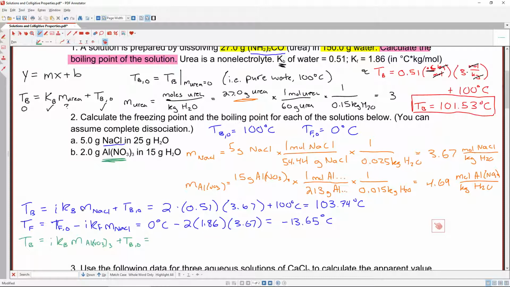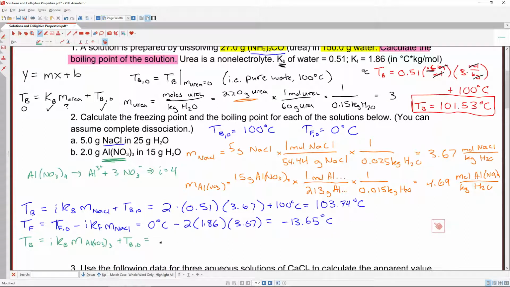So your Van't Hoff factor for this salt, notice it has 4 ions: 1 Al3+ plus 3 NO3 minuses, right? So this implies that i is equal to 4, your Van't Hoff factor.